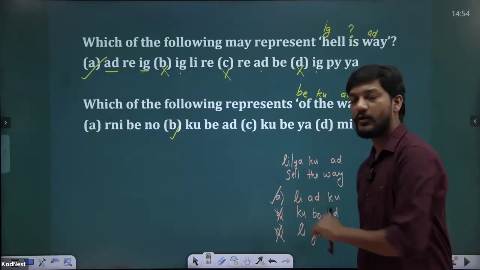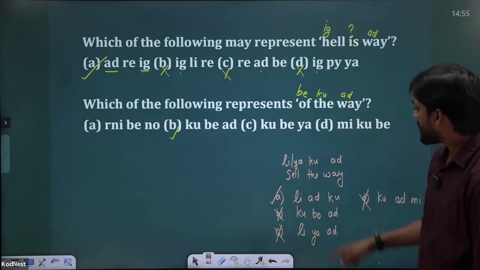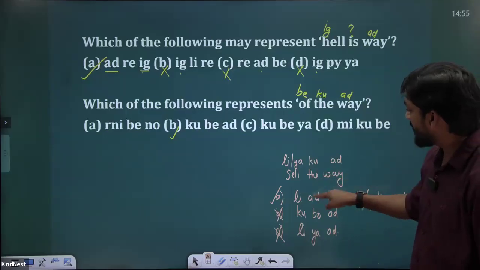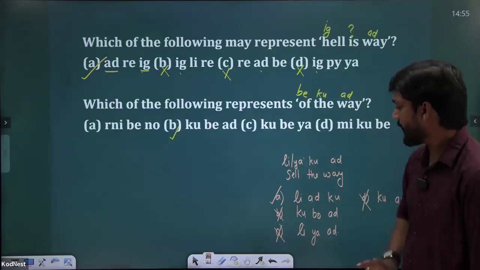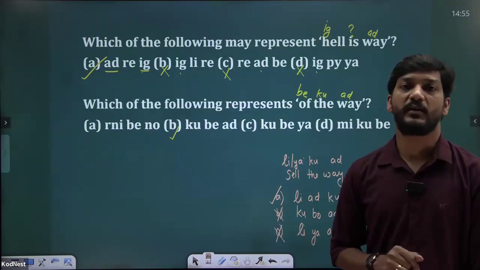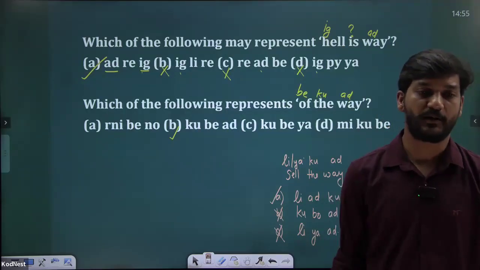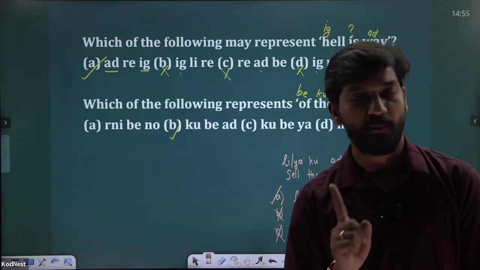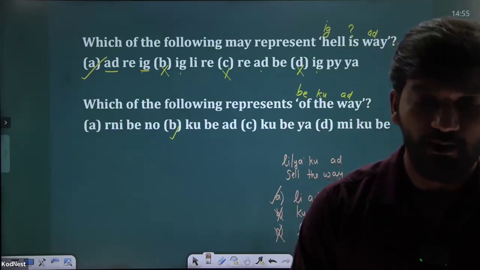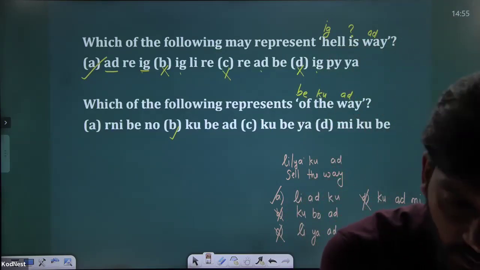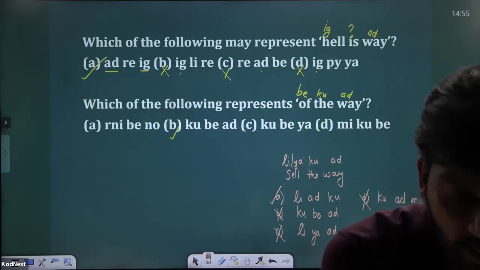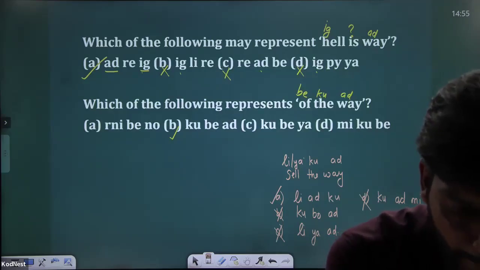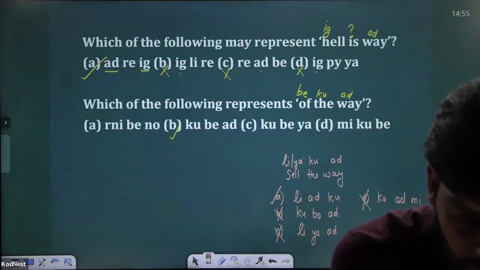Because KU present, AD present, out of these two, LI present. So A option now will become correct. So based on the option, I will mark. If cannot be determined is there, I will say cannot be determined. Otherwise, the option will tell whether it is Li or Ya.